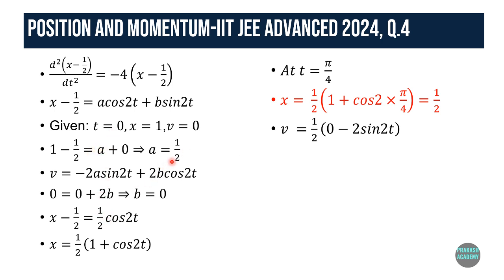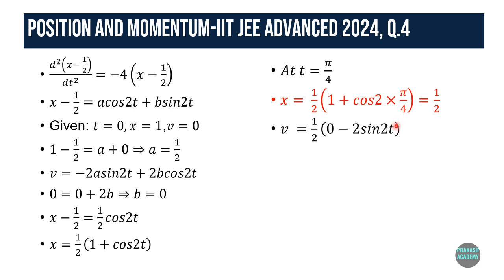I have placed it here, or simply you can differentiate this. If you differentiate, dx by dt will be: this is 1 by 2, differentiation of 1 will be 0, and differentiation of cos 2t will be minus 2 sin 2t.